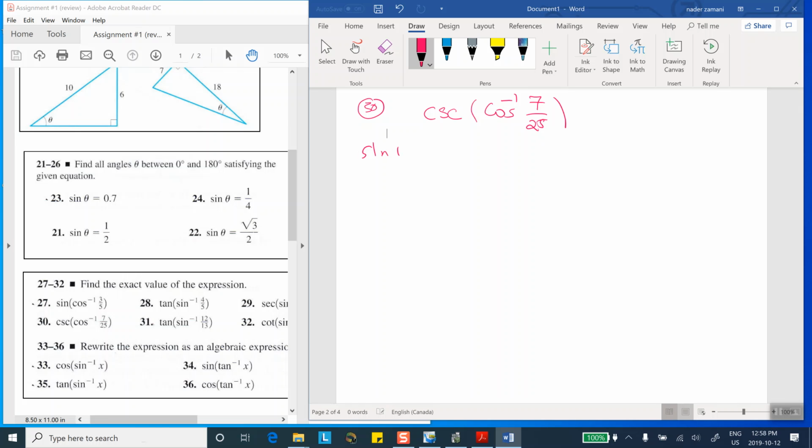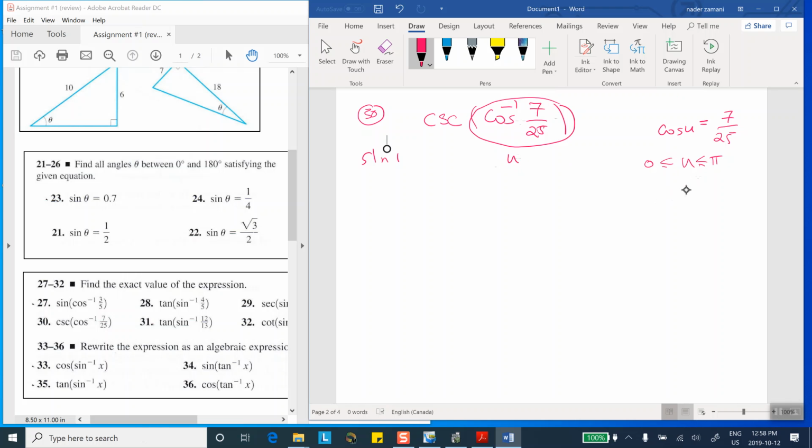Solution 1, let's call this thing u. So immediately we have cosine of u equal to 7 over 25. And we know that u is between 0 and pi because we're saying u is cos inverse.